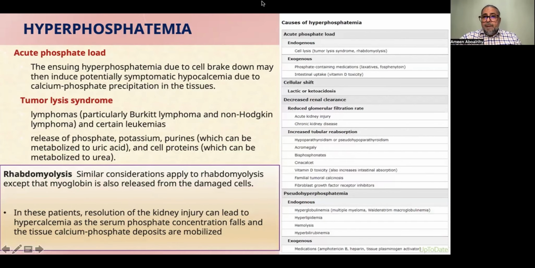So cell lysis, phosphate-containing medications, laxatives, and platinum has a good amount of phosphate. Lactic acidosis could cause a cellular shift and could cause hyperphosphatemia, and of course, acute kidney injury or chronic kidney disease as well.